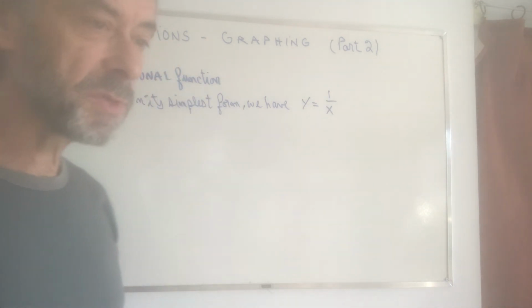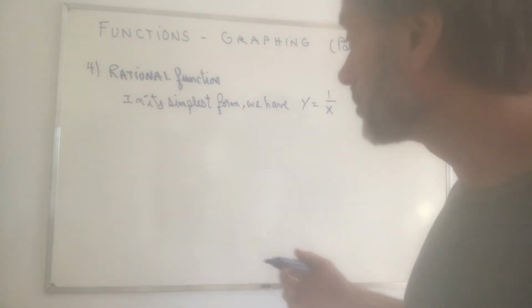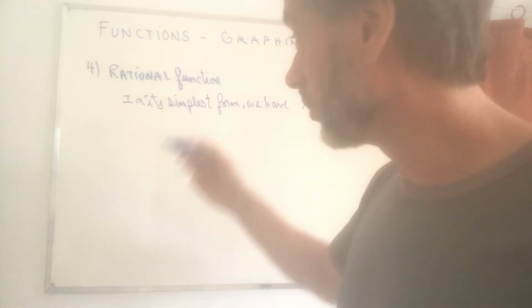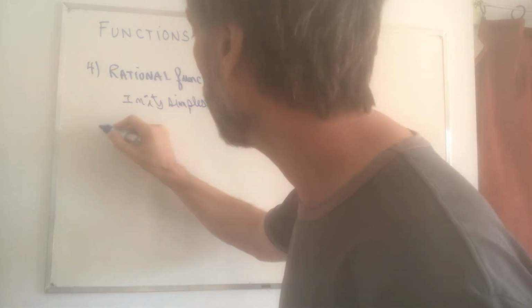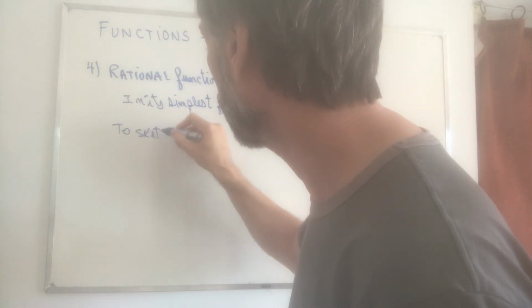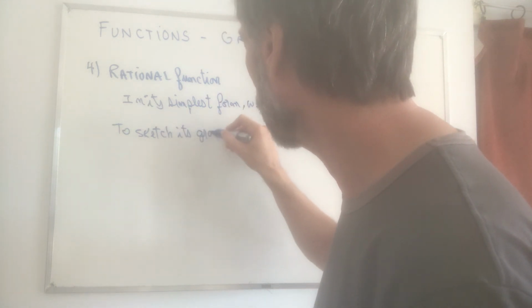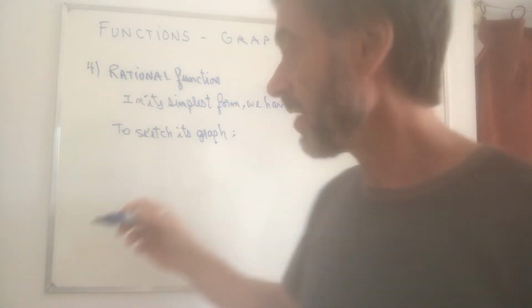This is a very interesting function because of its applications to calculus. So what can we do with this? Well, we can try to actually sketch its graph. And to sketch its graph, we can actually take a table of values.